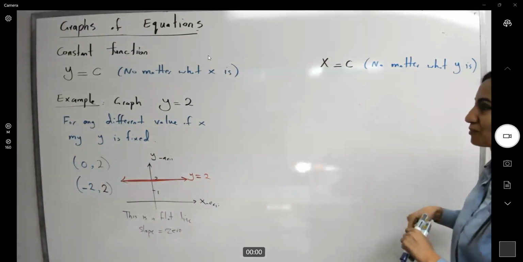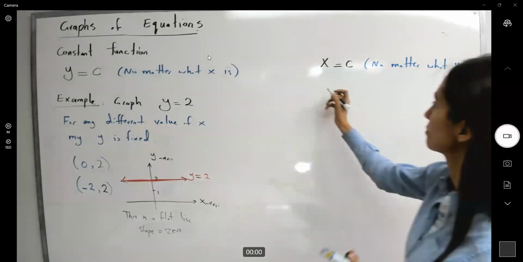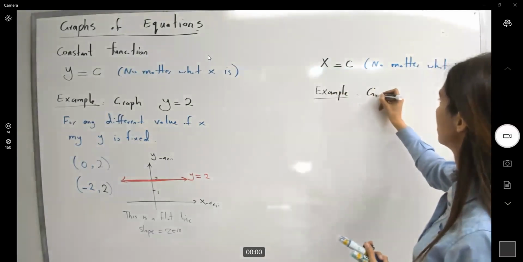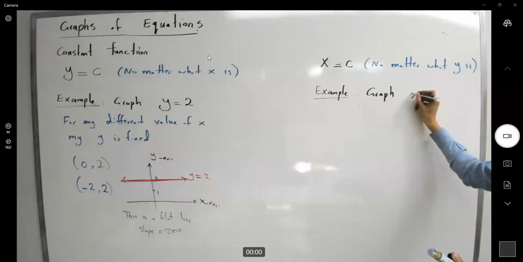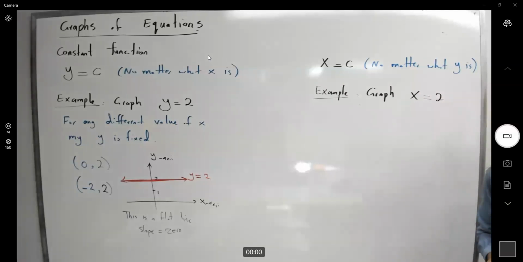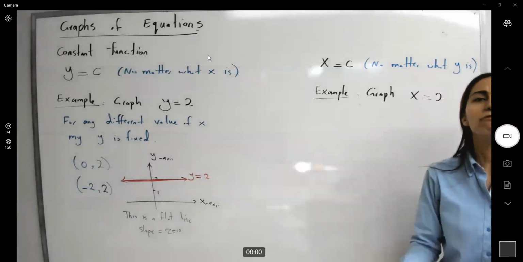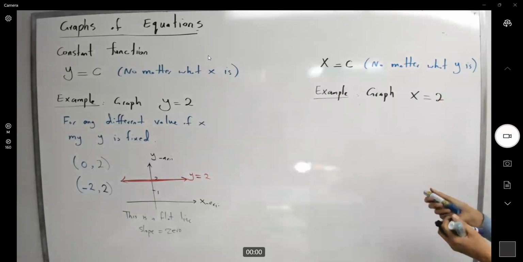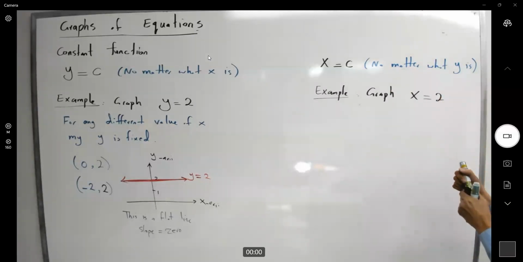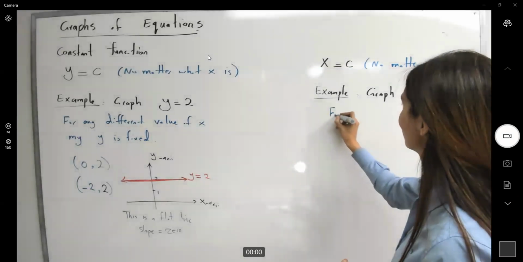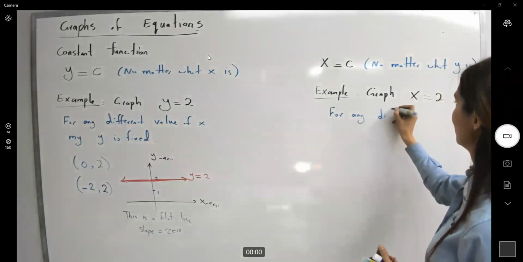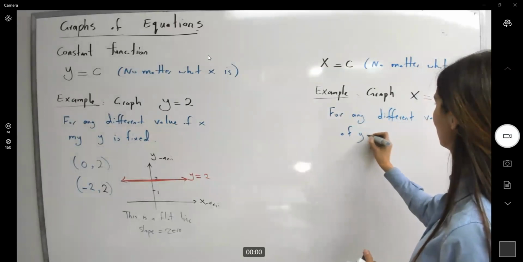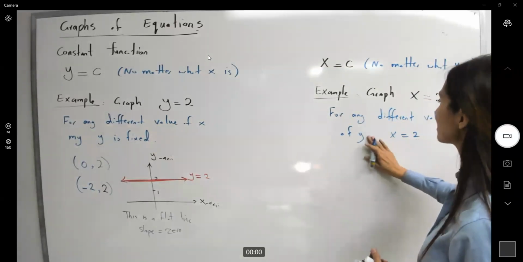For example, if I ask you to graph x equals 2, it means that I can select any y value that I want, but my x is always fixed. My x is always 2, for any different value of y.